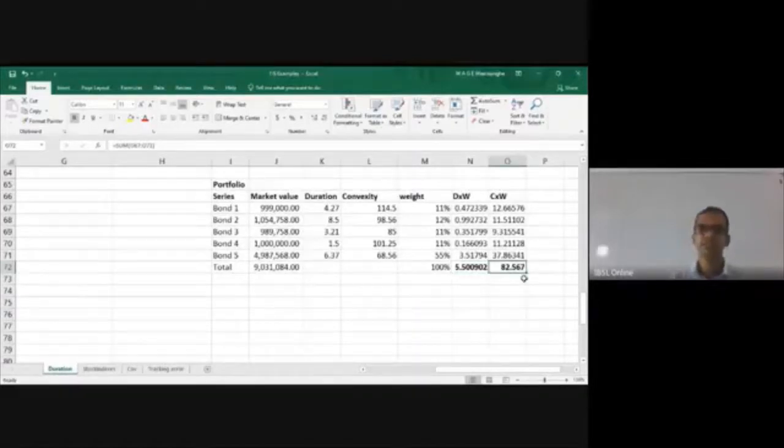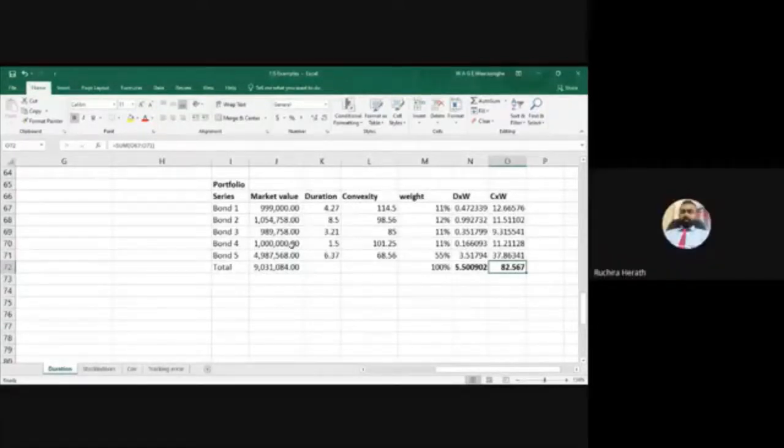Convexity of the portfolio is 82.65. What does it mean? If interest rate increases by 1%, value of the portfolio will decrease by 5.5%. If you want to do a convexity adjustment, you have to use this as well. Is it clear how to calculate duration and convexity of a portfolio?